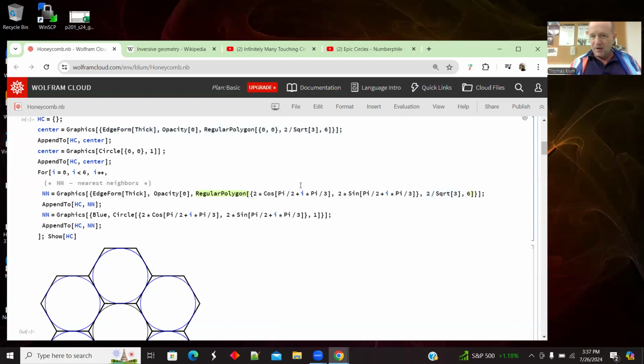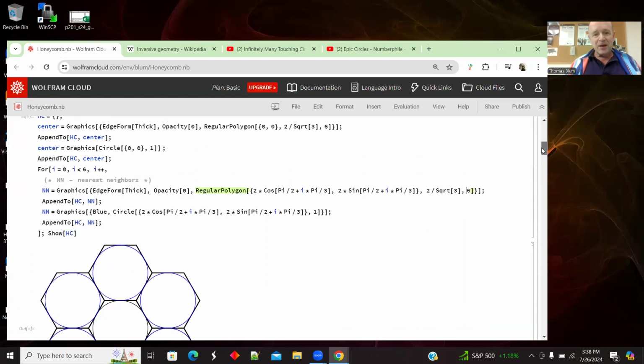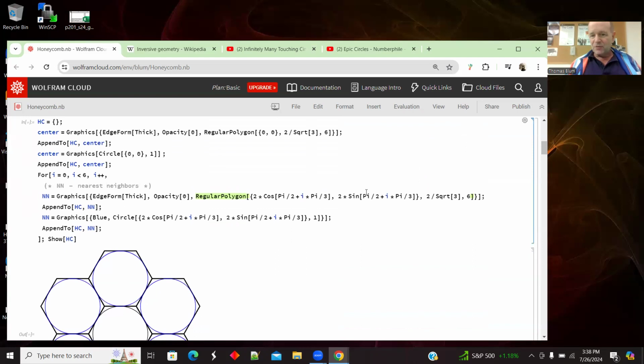I'm going around a circle with the proper radius: this distance from the center was 1, so the distance up to the second center was 2, and so I'm going around a circle with radius 2 and getting new centers every 60 degrees for my new polygons, and the same thing for the circles.